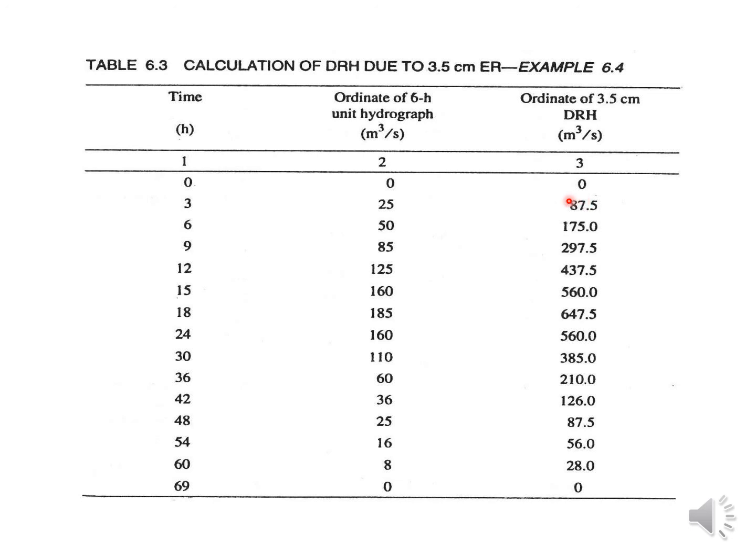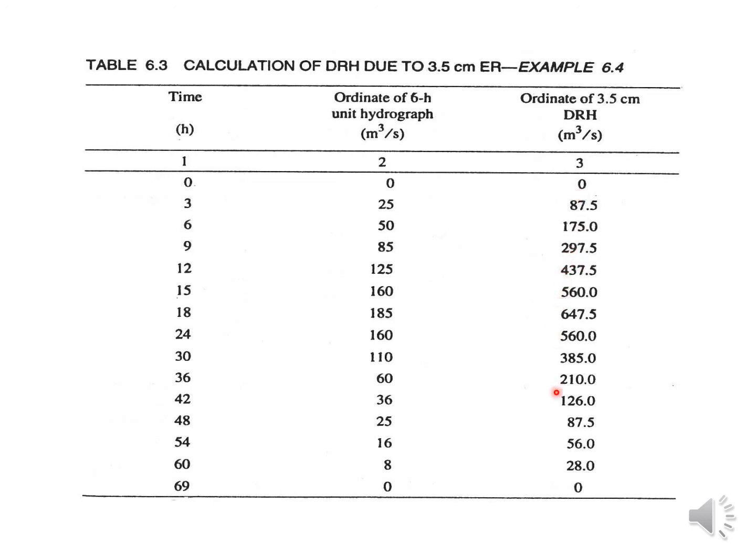Similarly, when the coordinate of the 6-hour unit hydrograph is 50, and if we multiply this 50 by 3.5, we will get the value 175 for the coordinate of the 3.5 cm DRH. And when this coordinate is 0, if we multiply this 0 by 3.5, we will get 0 as the coordinate of the 3.5 cm DRH.